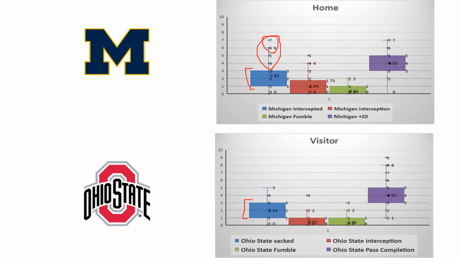I think one of the big differences we see here is just the interceptions. Ohio State does have a very good defense, and so the model is showing that the turnover game should be significant. And so with that, you see significantly fewer interceptions over here with Ohio State.